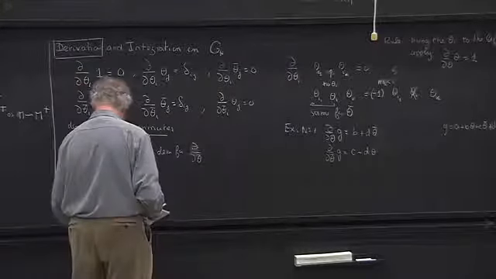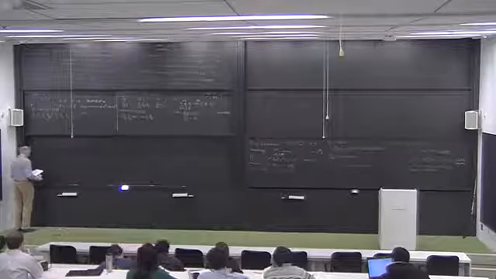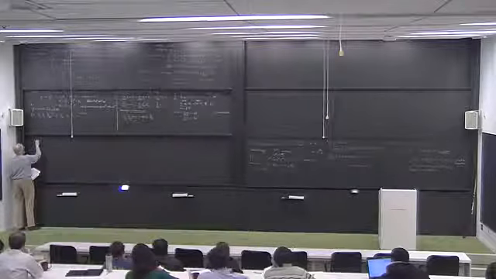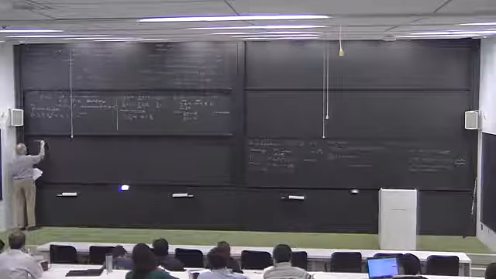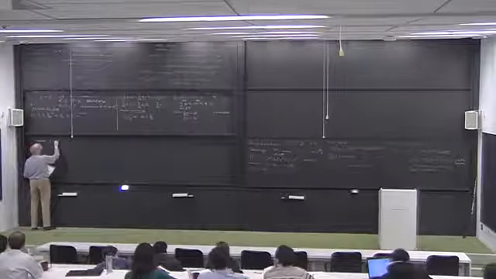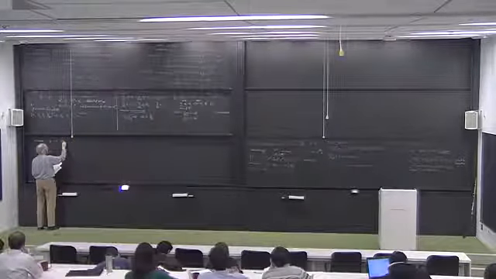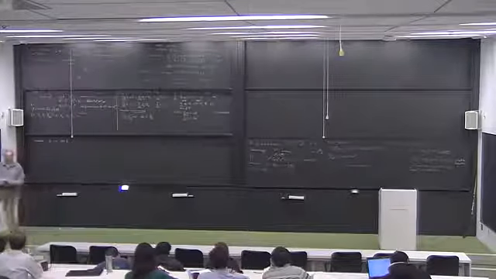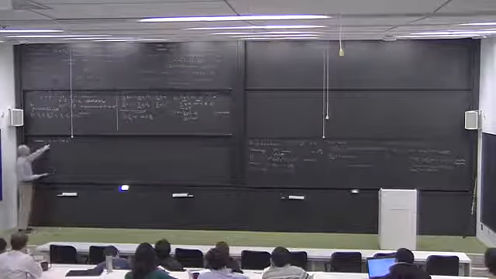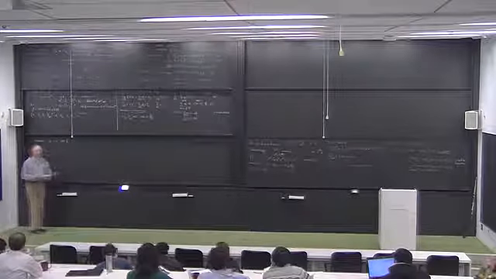And now, for integration, we want to have an operation that, to a given G, tells me what is the integral of G with respect to theta I. So G is in fact a linear combination of products of theta and theta bar, and I want to integrate over one of the thetas.